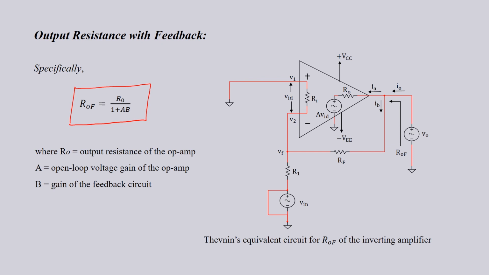ROF is equal to RO upon 1 plus AB, where A is the open loop gain of the op amp and B is the gain of the feedback circuit. Collectively, AB is the loop gain, which we did in the previous sessions.